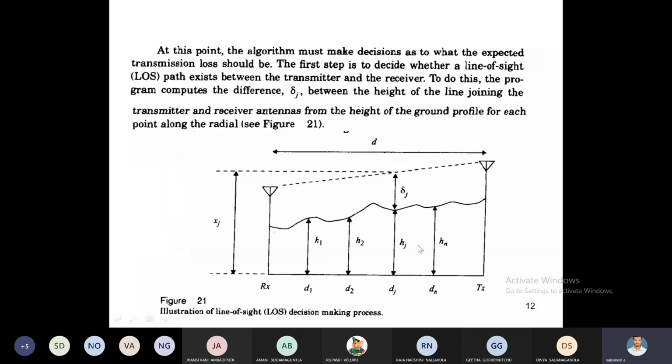That is, delta h is nothing but the height of the line joining transmitter and receiver antennas from the height of the ground profile. Here small d is nothing but the distance between the transmitter and receiver.